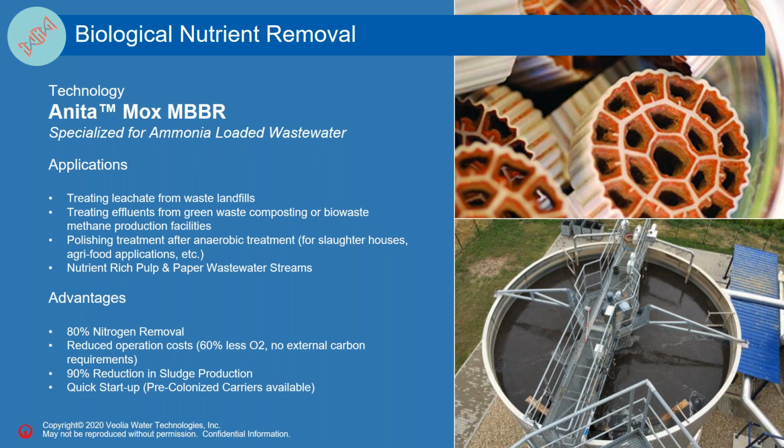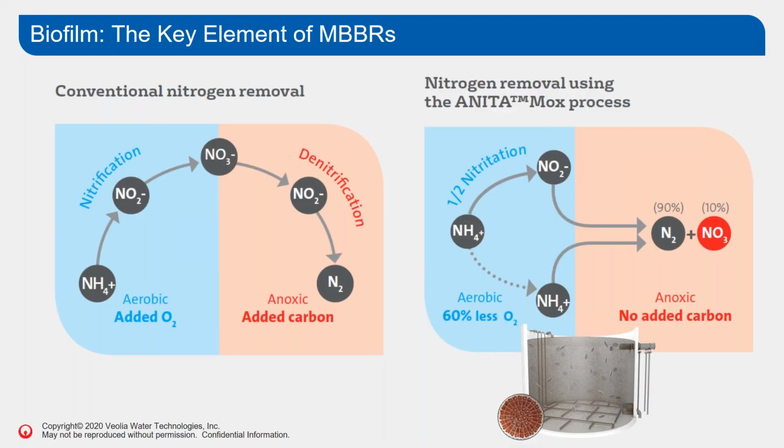So how do we use Anammox in our patented Anitamox MBBR system? Instead of converting all of the ammonia to nitrate nitrite, we provide only enough oxygen to convert some of the ammonia to nitrate nitrite, and then we rely on the specific Anammox microorganisms that are secured in our K5 carriers here to convert ammonia and nitrite into elemental nitrogen and a little bit of nitrate on the effluent.